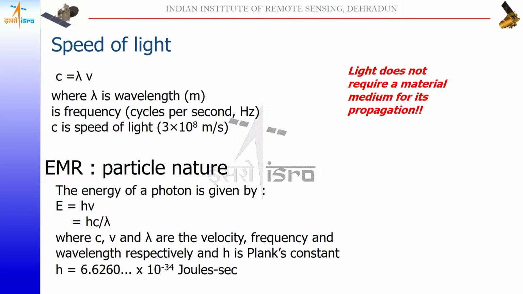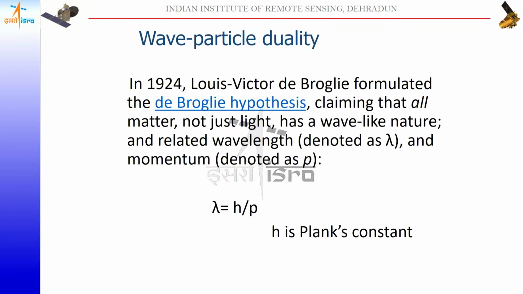Then the energy of a photon is given by h nu. h is the Planck's constant and nu is the frequency. So these are some terms related to electromagnetic waves. It's an interesting equation, which is also called wave particle duality.